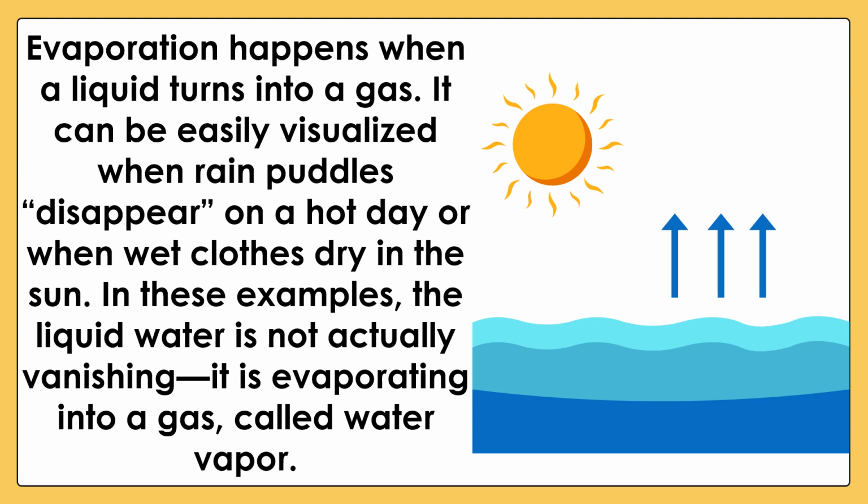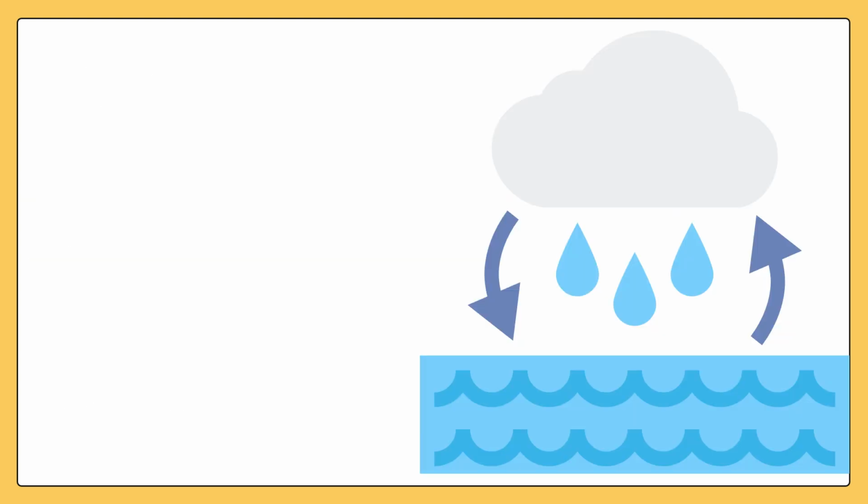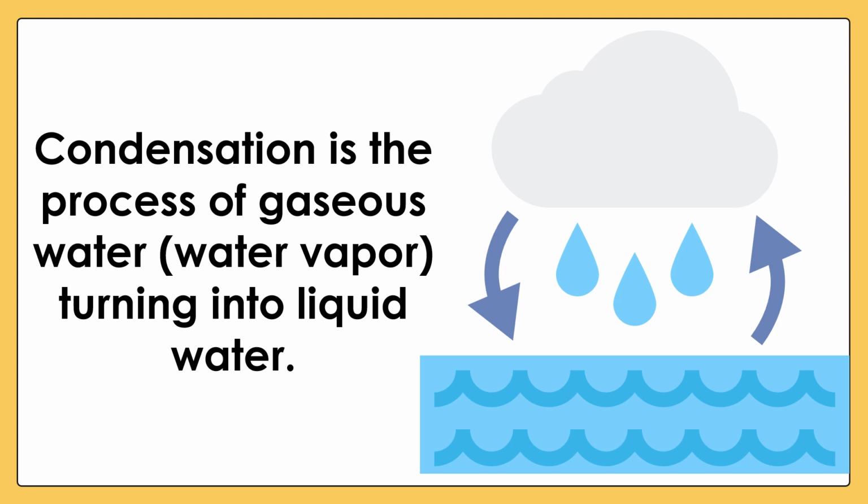In these examples, the liquid water is not actually vanishing. It is evaporating into a gas called water vapor. While condensation is the process of gaseous water or water vapor turning into liquid water.